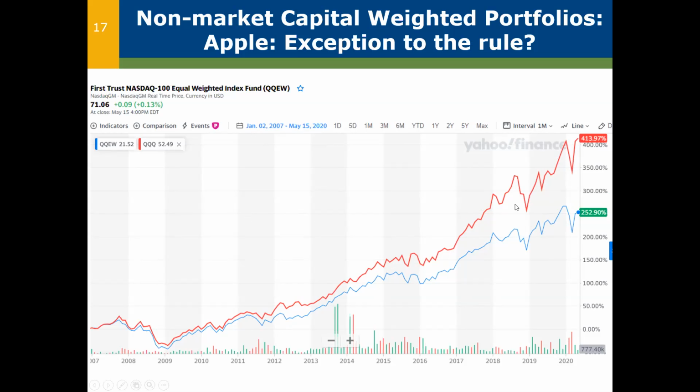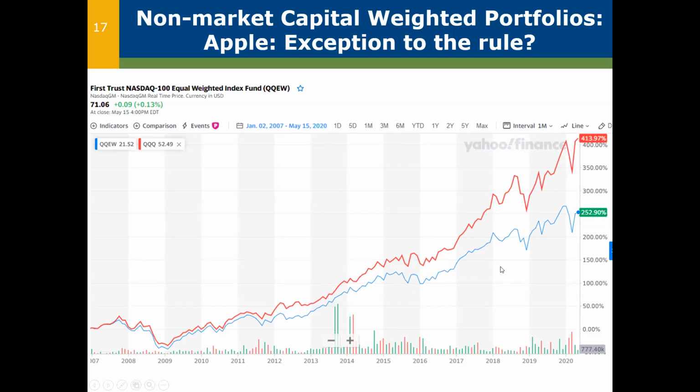And if you have any intuition about it, the reason is because the most expensive, the largest cap stock in the NASDAQ is Apple, and Apple has significantly outperformed the other stocks in the index. So what you had happen was that the largest cap stock, which fundamental indexing would suggest to you is overpriced, turned out to be the opposite case.